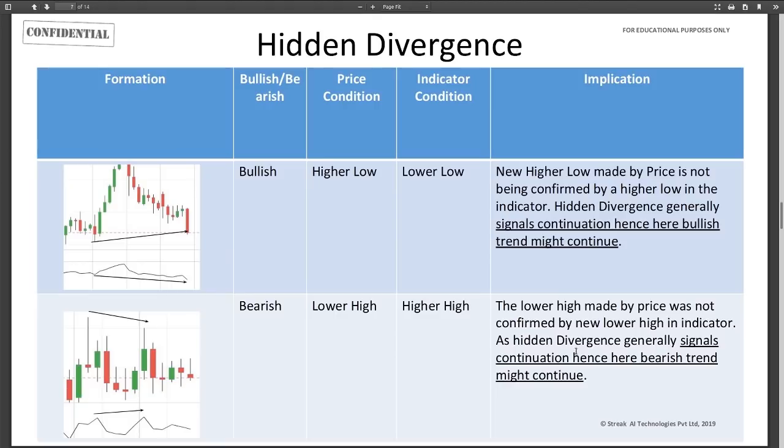So bearish hidden divergence signals a continuation of the bearish trend in this scenario. So having said all of this, keep in mind divergence basically showcases that the direction indicated by the indicator and the direction indicated by the price are in different directions.